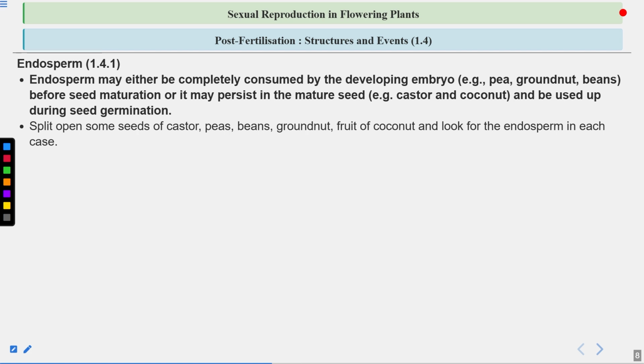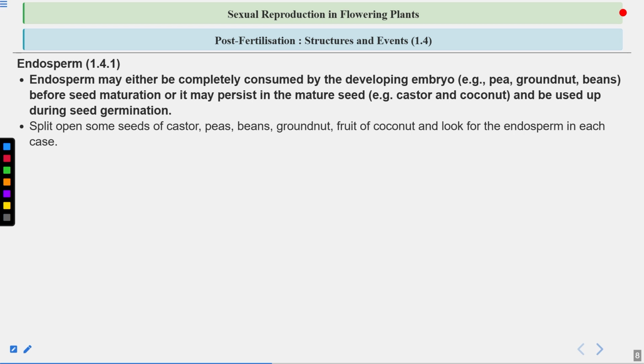Split open some seeds of the castor, peas, beans, groundnut, and fruit of coconut, and look for the endosperm in each case. Tapetum? No. Tapetum is not here. The tapetum layer is in the anther at the time of microspore development.